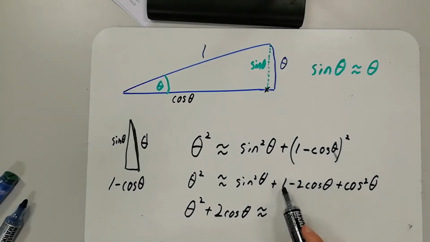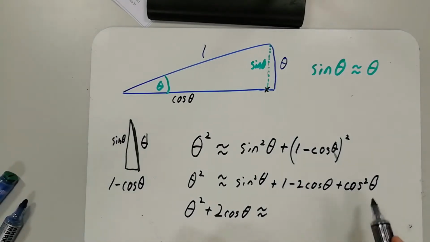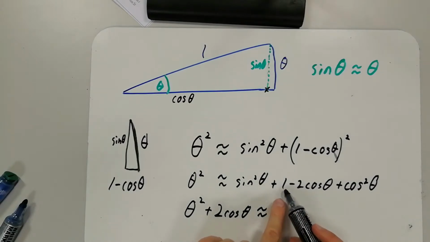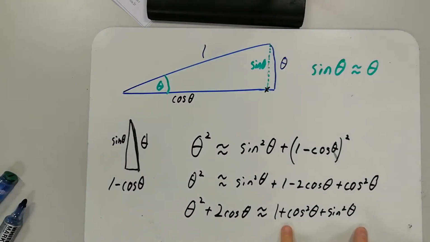Expand that bracket, we've got 1 minus 2 cos theta plus cos squared theta. You'll see in a second why I accidentally wrote 1. I was getting ahead of myself. We're going to have 1 plus cos squared theta plus sine squared theta. That is 1. Cos squared theta plus sine squared theta is 1. So that must equal 2.